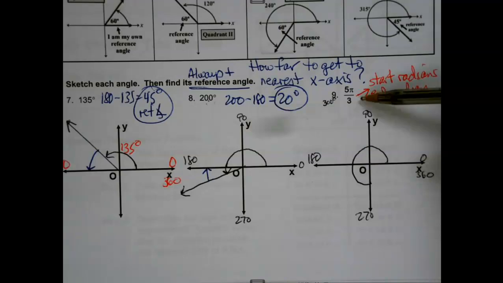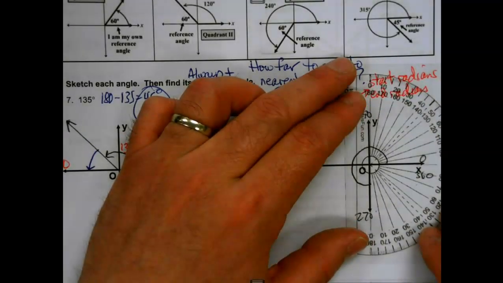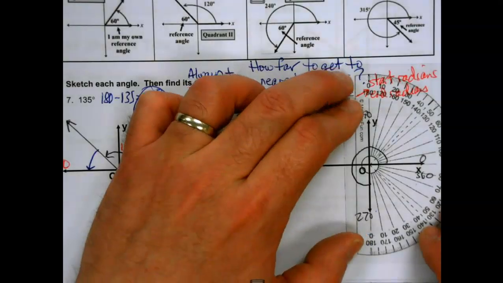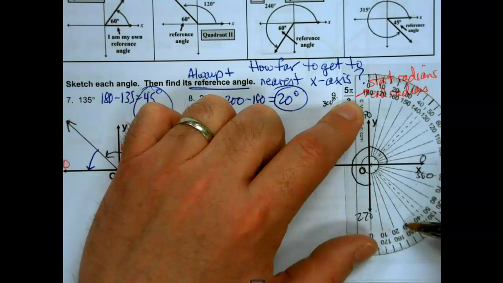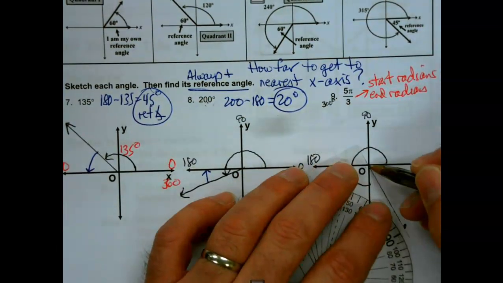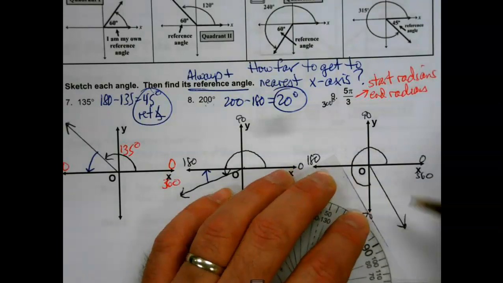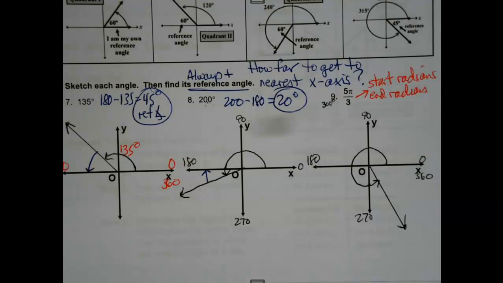I stopped on the y-axis, so that's where I'm going to set this up, because I got to get my extra 30 here. So there's my 30. So now comes the challenge.